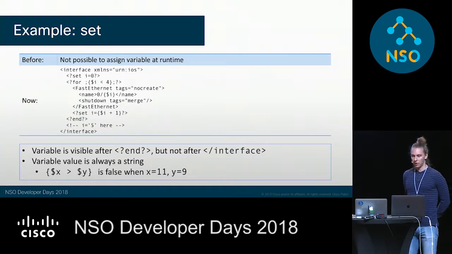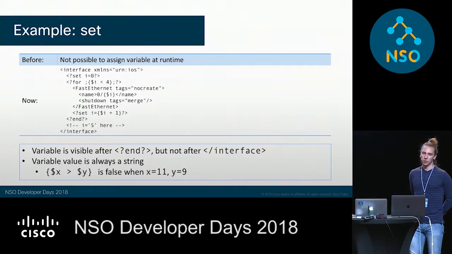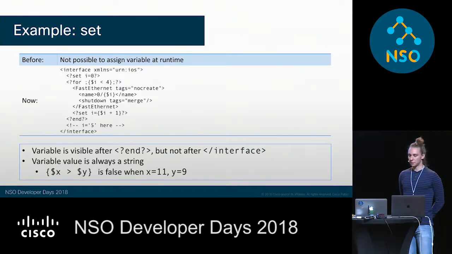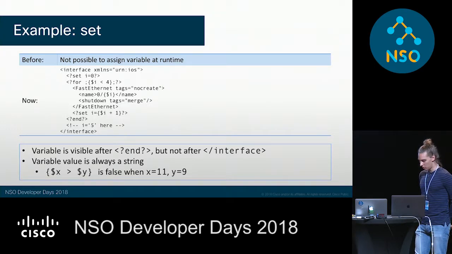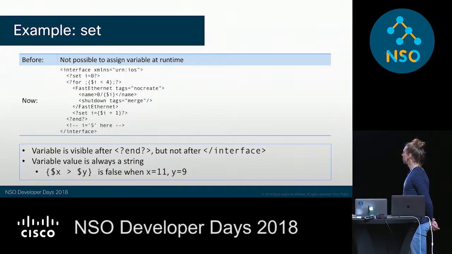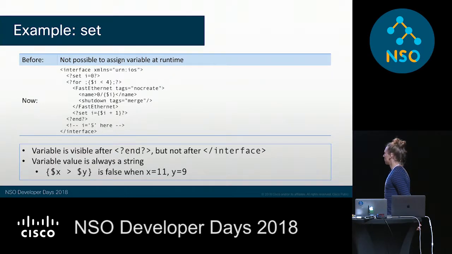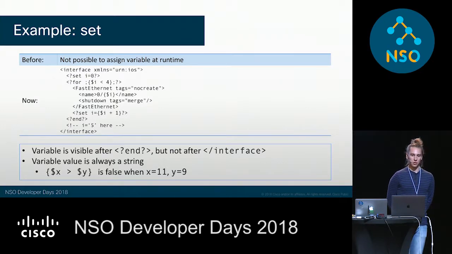One important comment about variables is that variable value is always of type string. We do not recognize numbers or booleans or something like this. And it matters when you do comparisons. So imagine you have two variables. One has the value of 11, another one is 9. 9 will be greater than 11 because string 9 is greater than string 11.